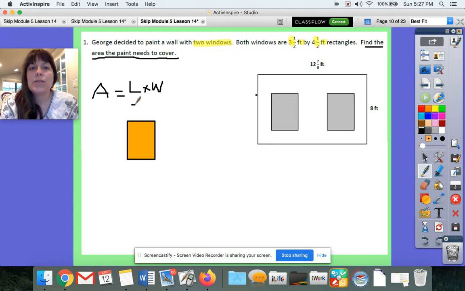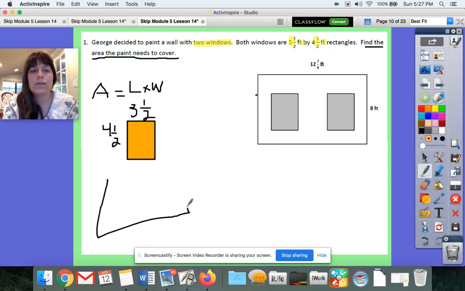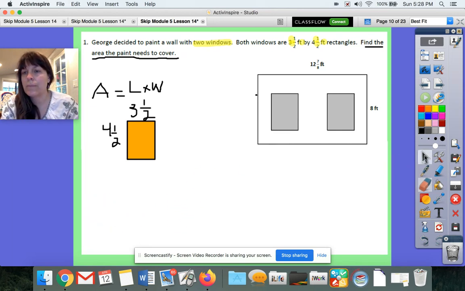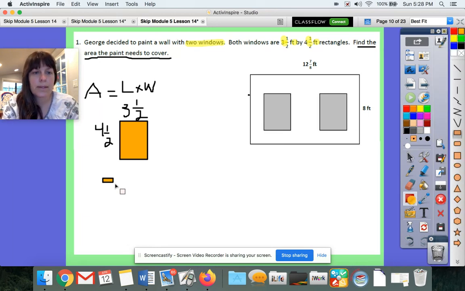I can use an area model to show that my window is 3.5 by 4.5 feet. So let's go ahead and do it. I guess I could draw that shape and make it look a little nicer.